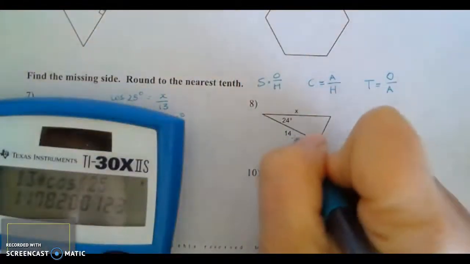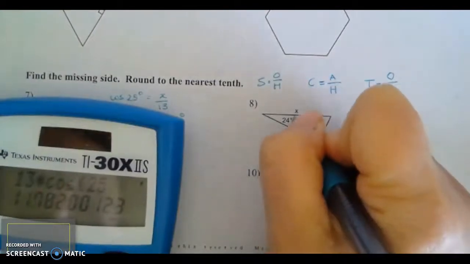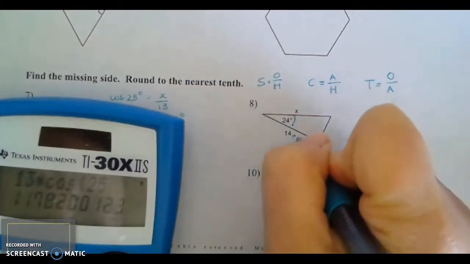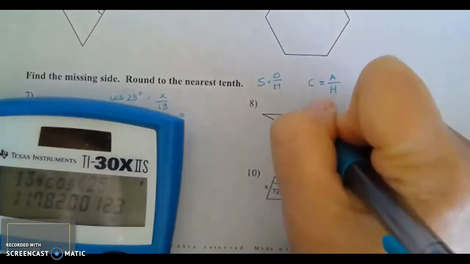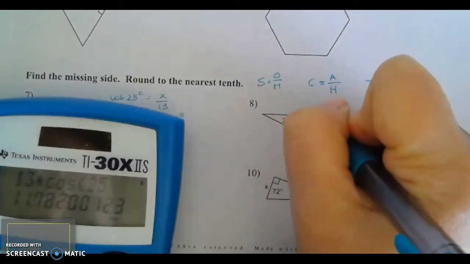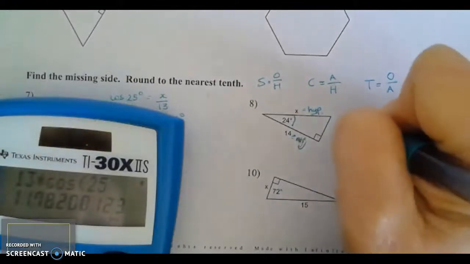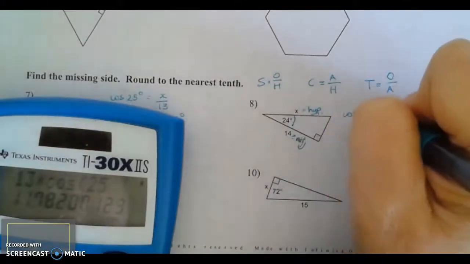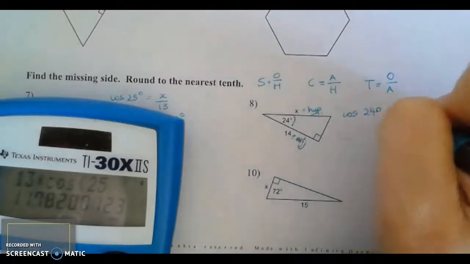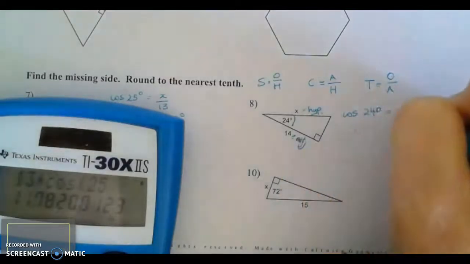Number 8. What are the sides relative to this angle here? This is my adjacent and hypotenuse again. Okay, so again, set up the equation. So cosine of 24 degrees is going to be adjacent, that's 14, divided by x.